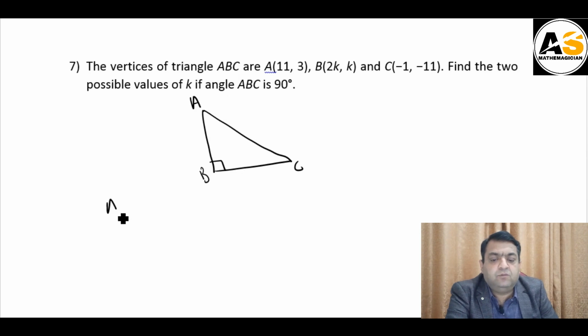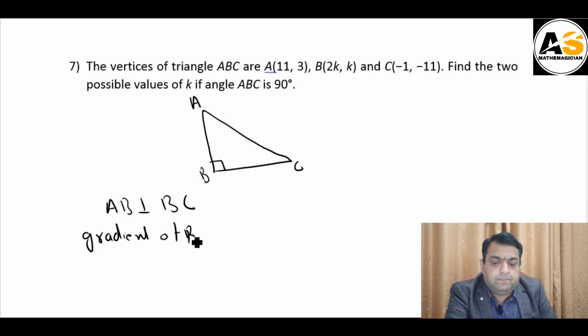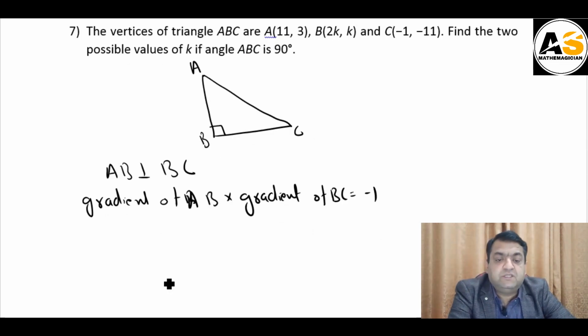For this angle to be 90, AB must be perpendicular to BC. Now gradient of AB multiplied by gradient of BC, if they are perpendicular, their gradients' product will be minus 1. We will use this concept.